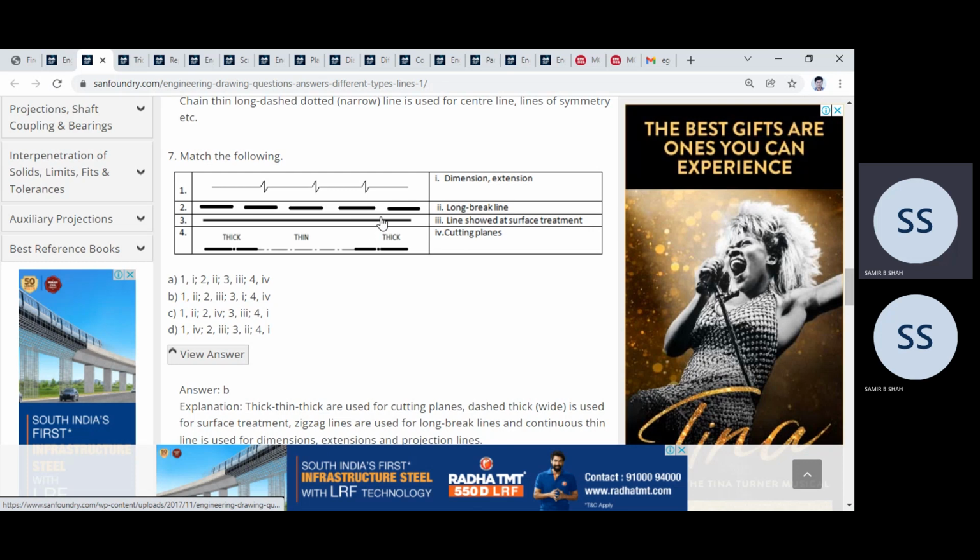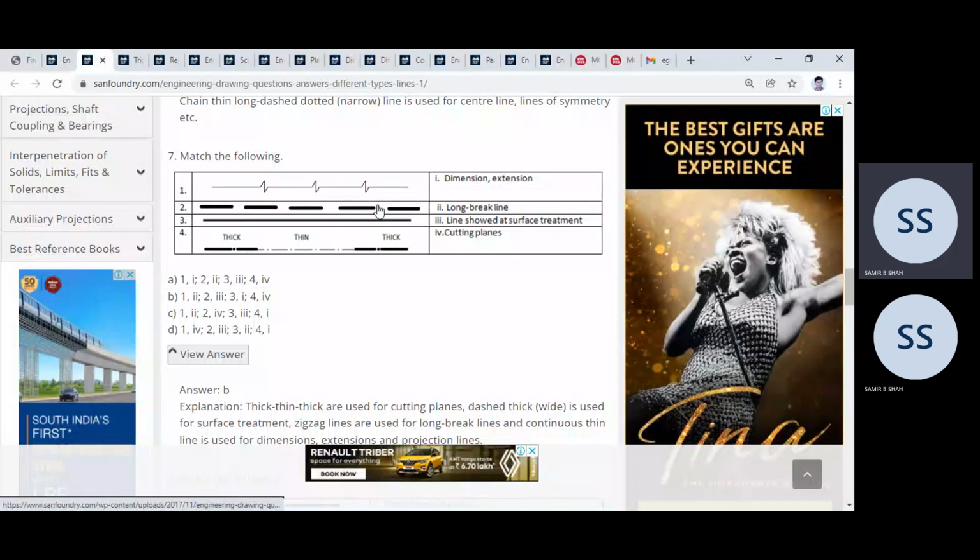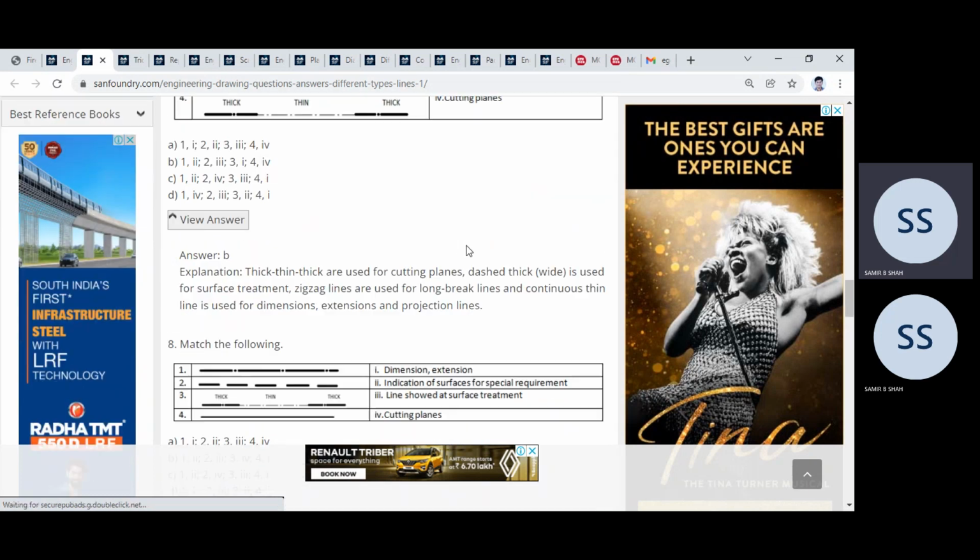The second is considered a line showing surface treatment. The third line may be used for dimension and extension lines. And the fourth line, as already discussed, is used for cutting planes.